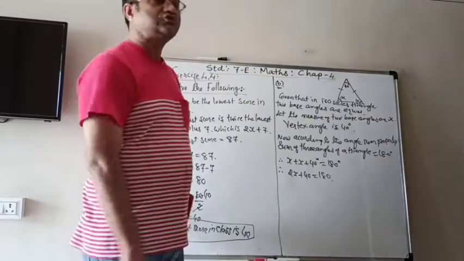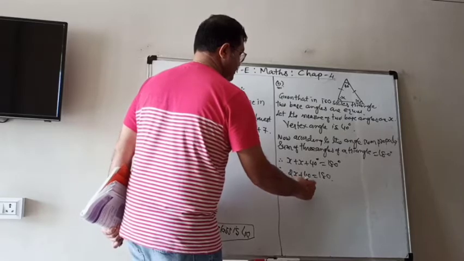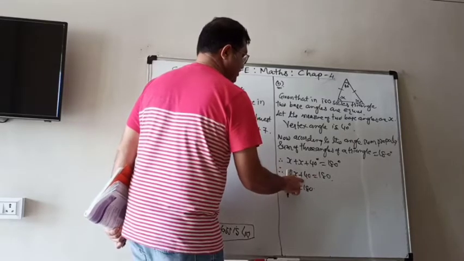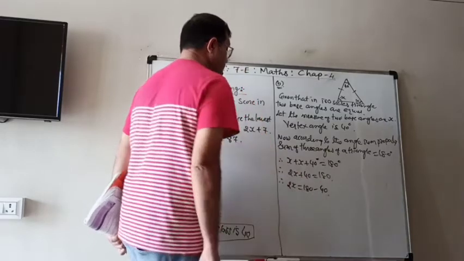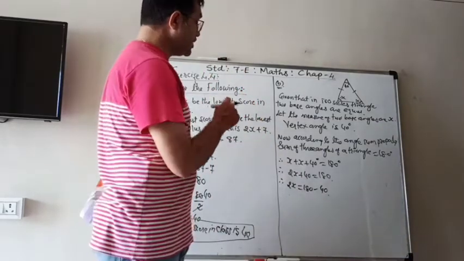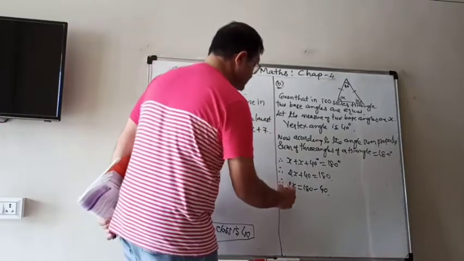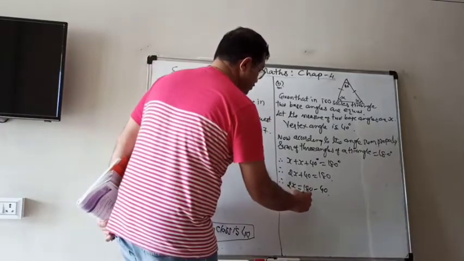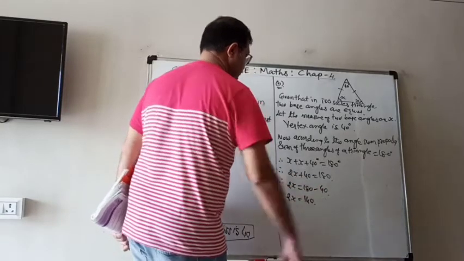Now we have to solve the equation. Therefore, 2x is equal to, plus 40 will go that side, so it will become minus 40. So 2x is equal to 180 minus 40, which gives you 140.